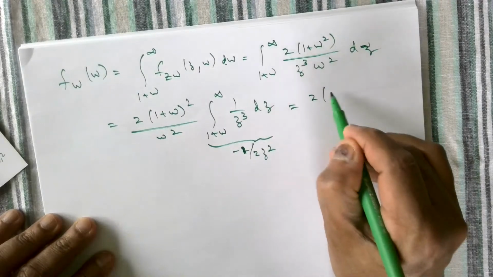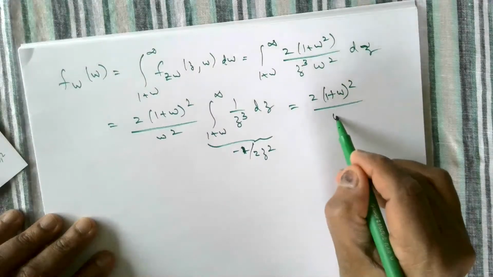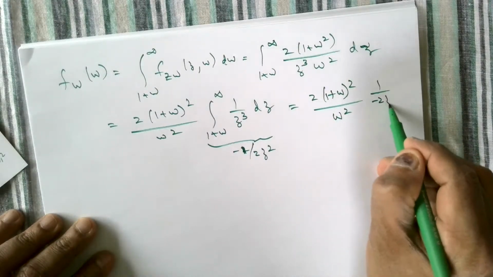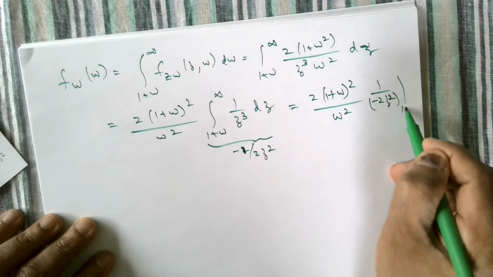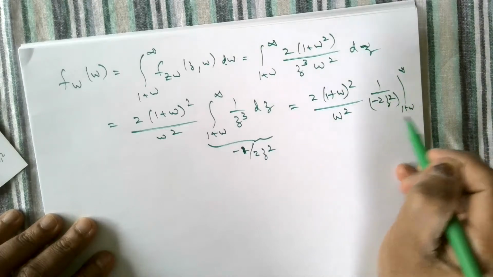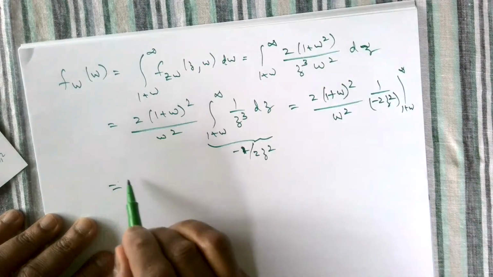So this is 2 multiplied by 1 plus w the whole squared, w squared, 1 over minus 2z squared, 1 plus w to infinity. So top limit is 0, minus minus goes away, 2 cancels. This becomes 1 plus w squared.